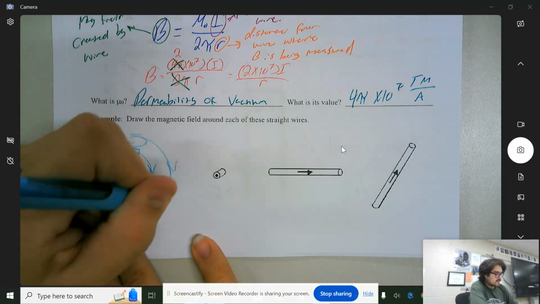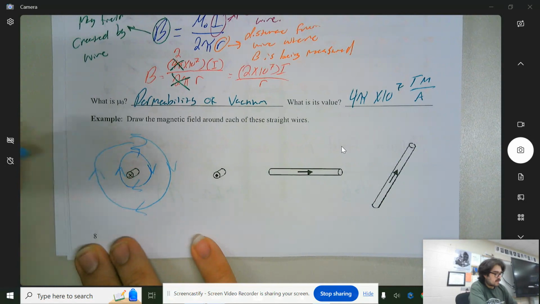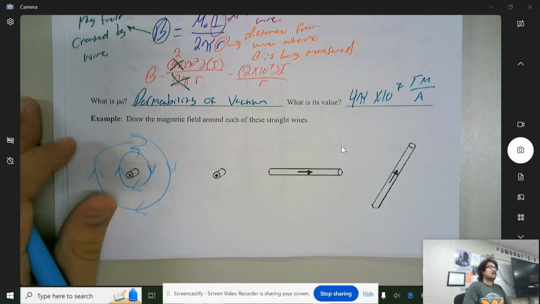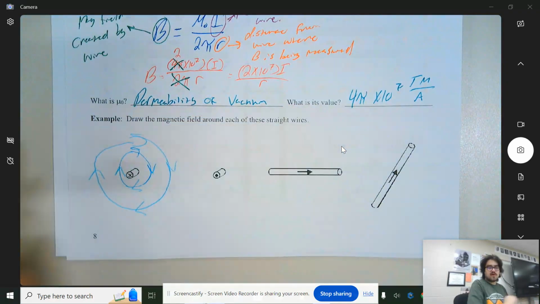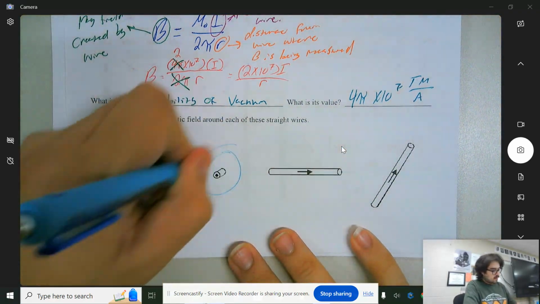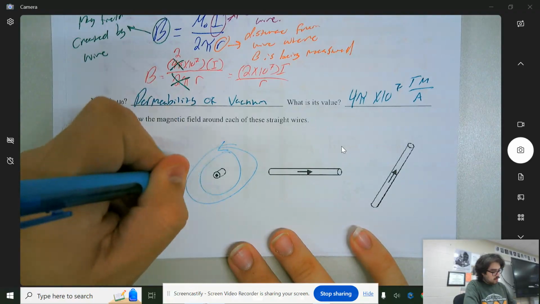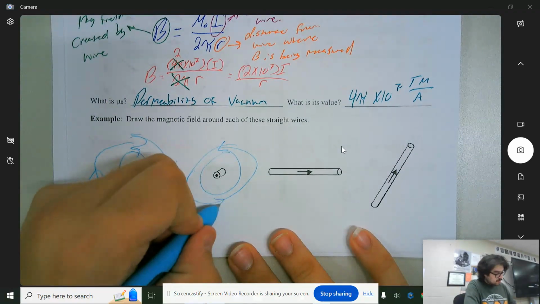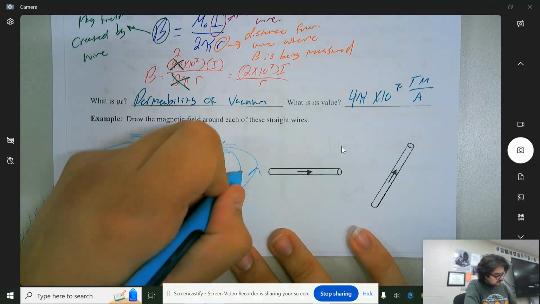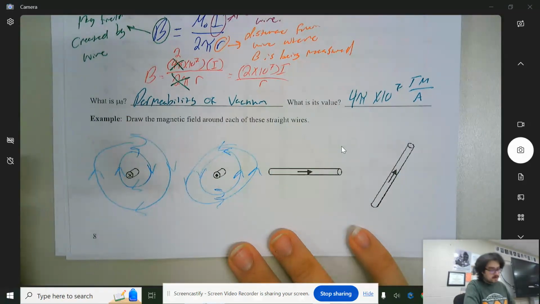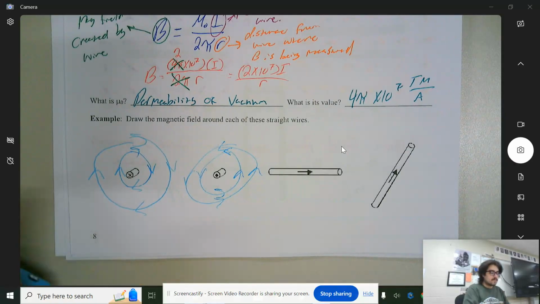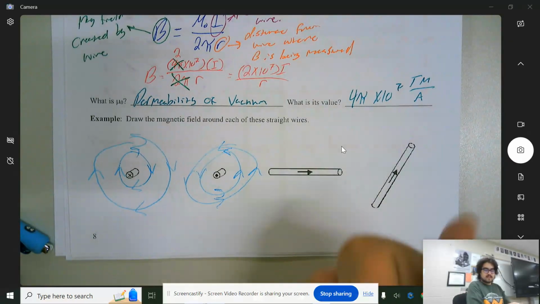It's not just limited to this small area. This one's coming out of the page now, so my fingers are curling counterclockwise. I drew this terribly, oh my gosh.